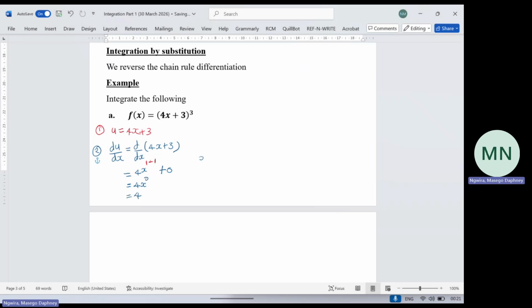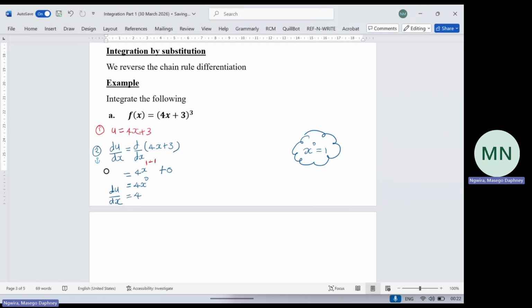Because x to the power of 0 is 1, if you remember. Any number to the power of 0 is 1. Now we have our derivative, so du over dx is equal to 4.